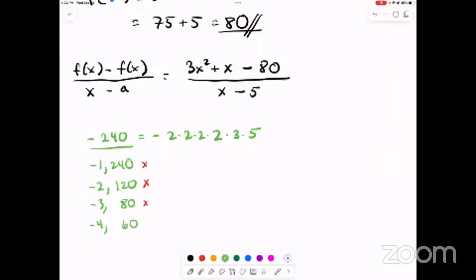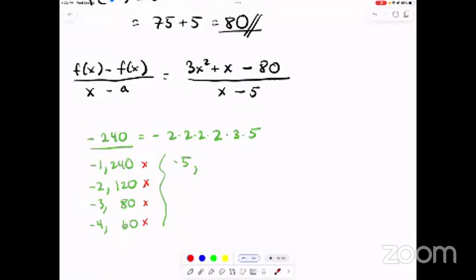Let me clean it up. If we use this 5, what's left over? 16 times 3. So that's 30 plus 18 is 48. So these are not the two numbers we're looking for.